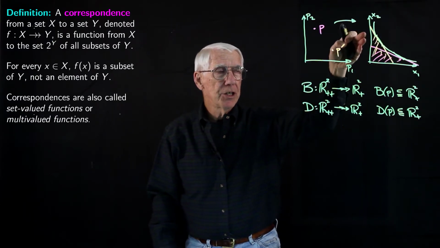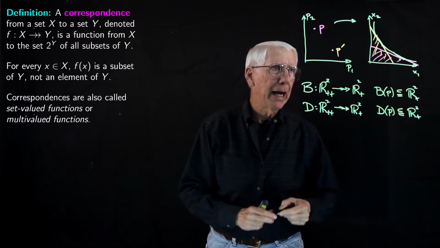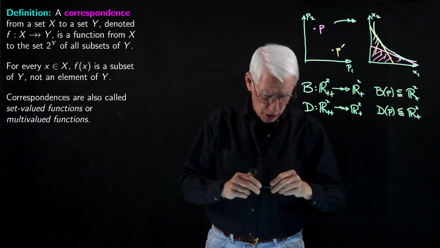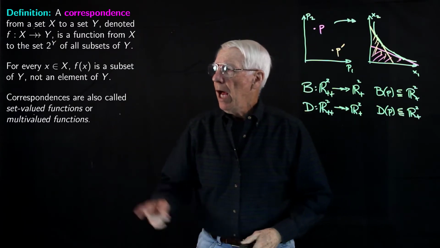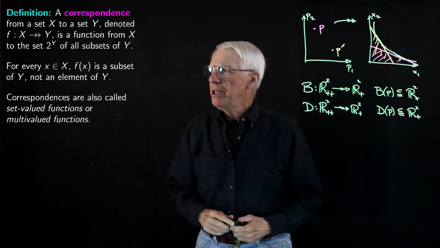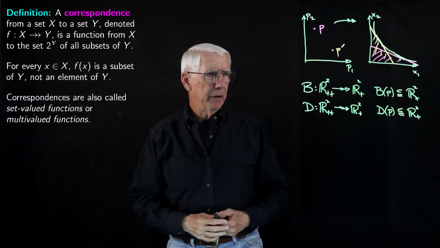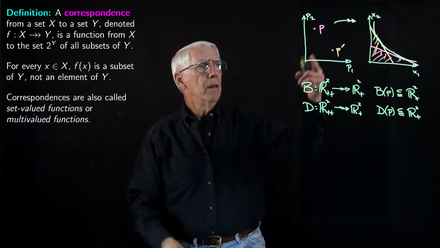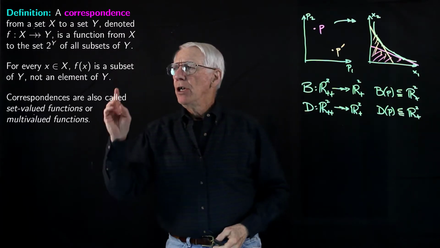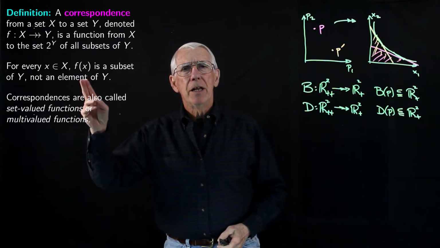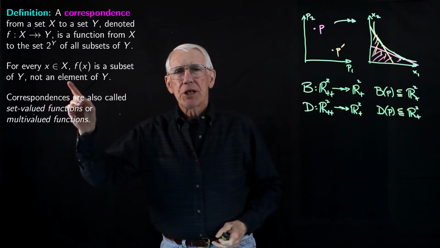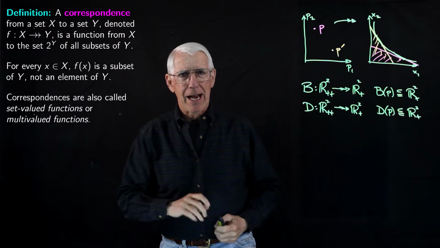We write it with a double-headed arrow. It's a function from the domain, capital X, to the target space, which is not capital Y, but the set of all subsets of capital Y.